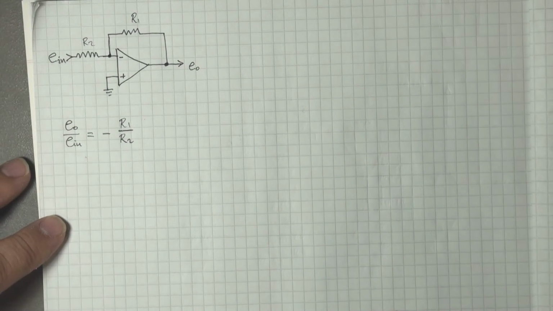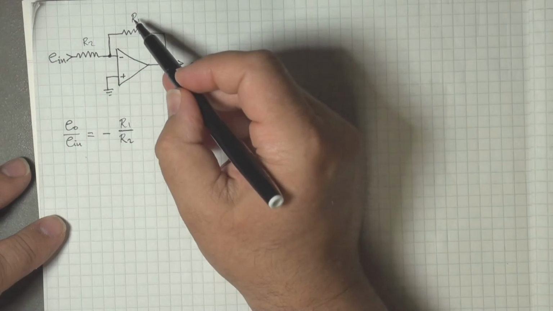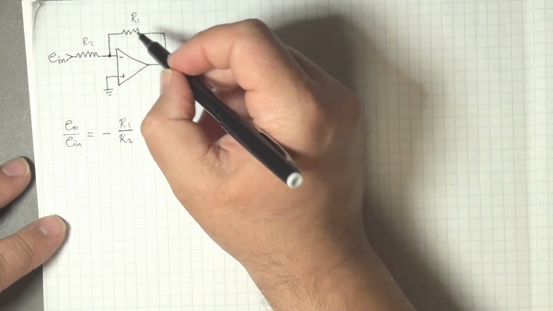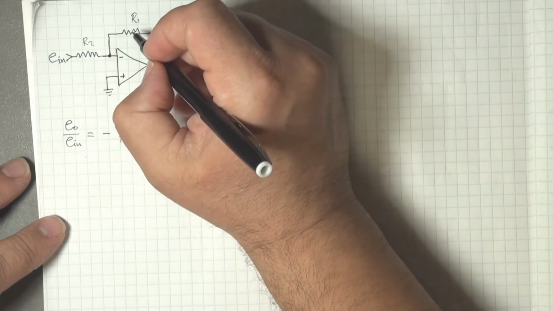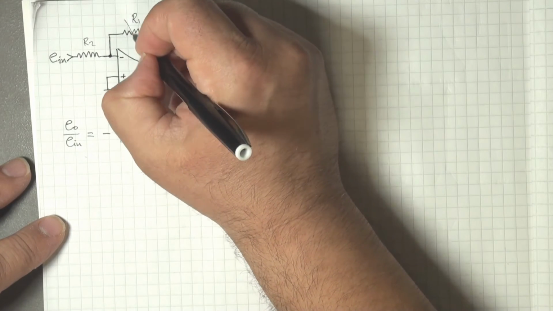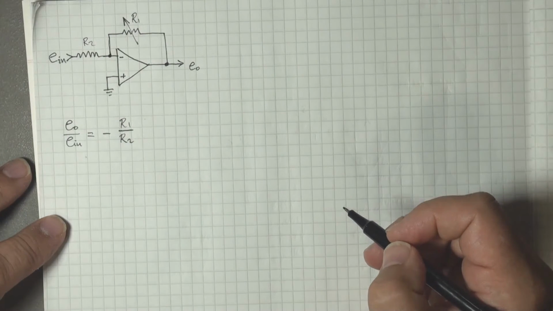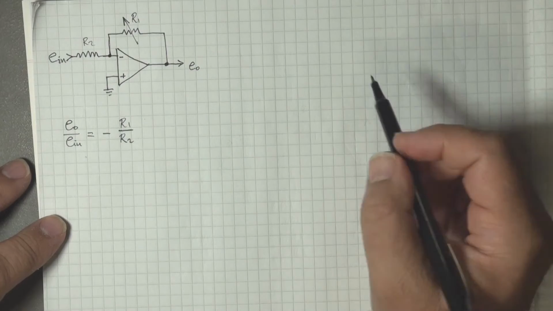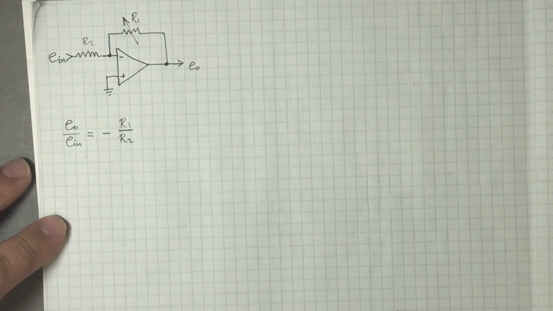But now let's say that we can vary R1 as a function, make it dependent upon the output level. So it's not manually variable, but it's going to be variable through a control voltage of sorts that is a function of the output level. So how do we do that?